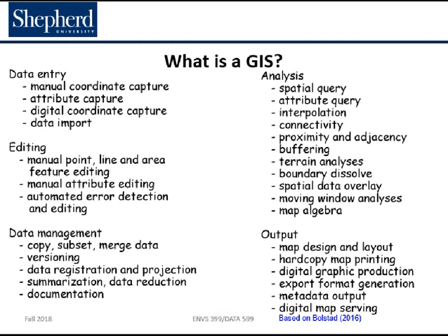GIS software provides the tools to manage, analyze, and effectively display and disseminate spatial information. A GIS by necessity involves the collection and manipulation of coordinates. We must also collect qualitative or quantitative information on the non-spatial attributes of geographic features.